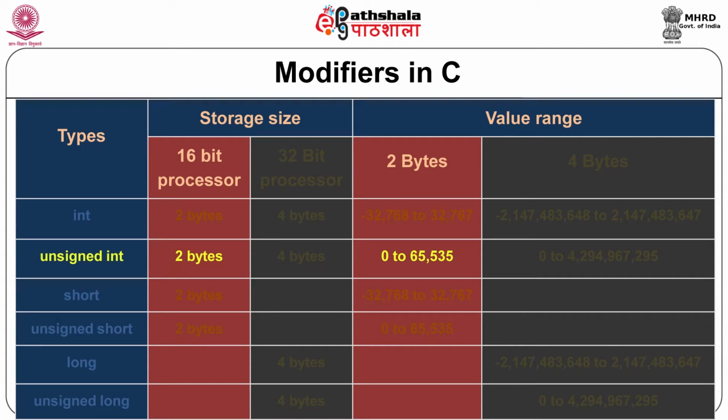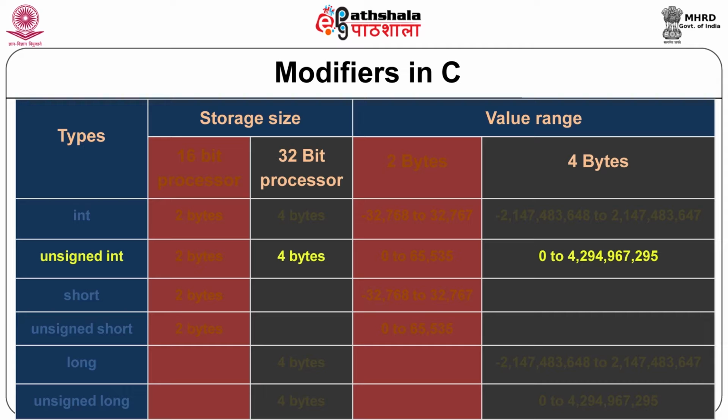For unsigned data type integer, storage size is 2 byte, value range is 0 to 65,535. For 32-bit unsigned integer, storage size is 4 byte and value range is from 0 to 4,294,967,295.